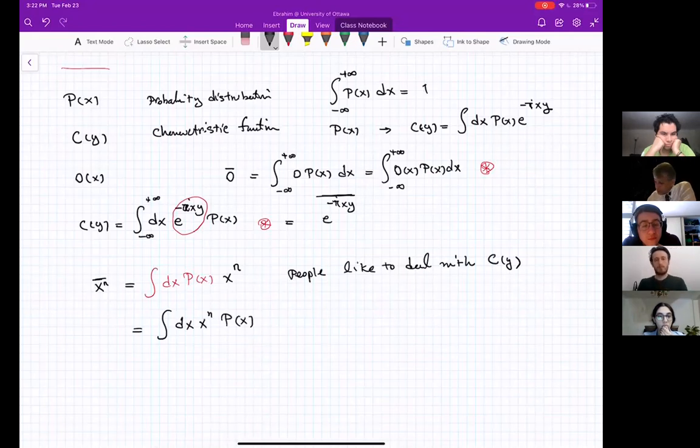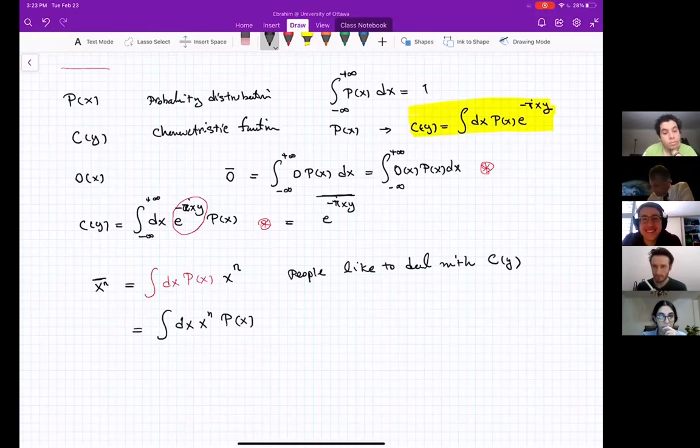And the only thing that I know is that the characteristic function is this. Yes, you can calculate the characteristic function, or take the integral over y as well of e to the minus ixy, and then see what happens.